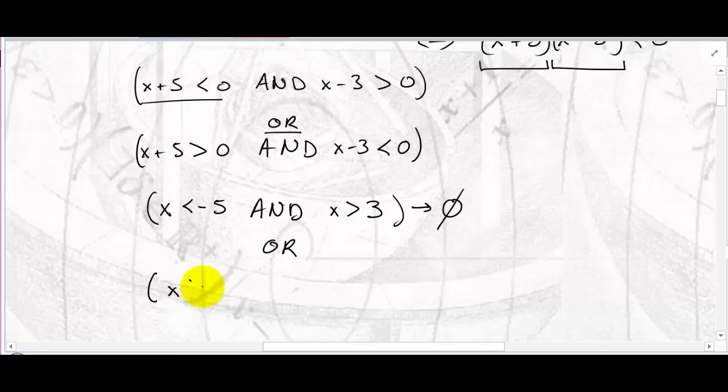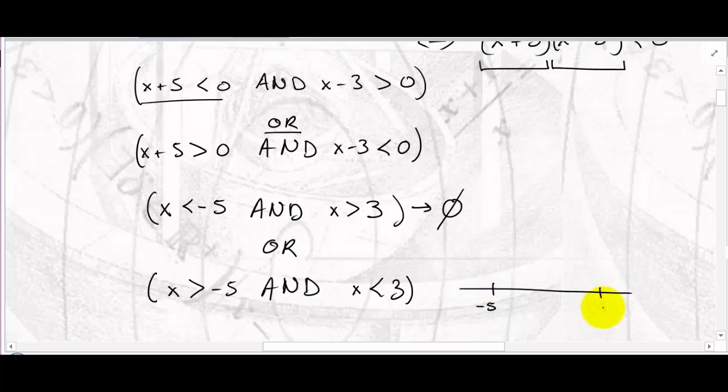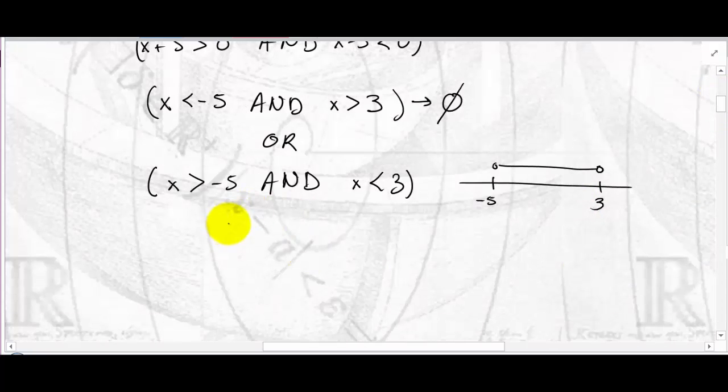This is x above negative 5 and x smaller than 3. Now that makes sense. Above negative 5 and smaller than 3. So basically I'm between negative 5 and 3, so the solution interval is negative 5 to 3.